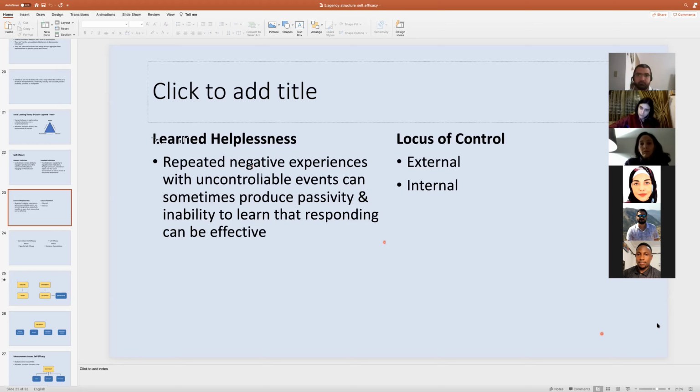I don't know if some of you know about the dog and the electric shock experiments, where they subjected the dog to shocks. It's Skinner's experiment. Anyways, it was animal abuse. Can someone say what this experiment is about?